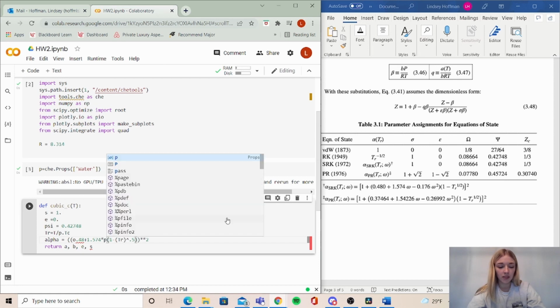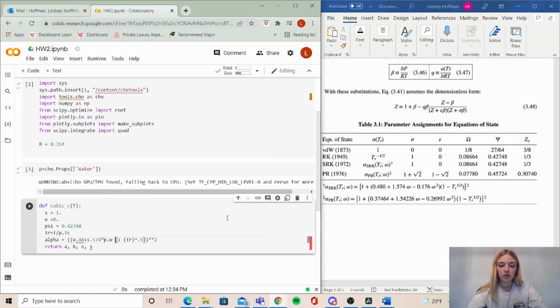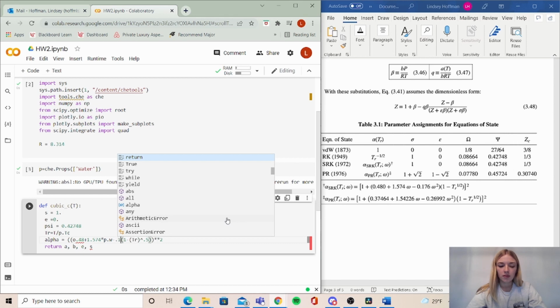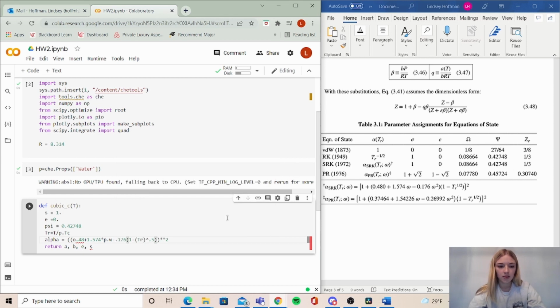So P dot lowercase w, and then minus 0.16176 times omega squared, P dot w. That's squared. We need another parentheses.